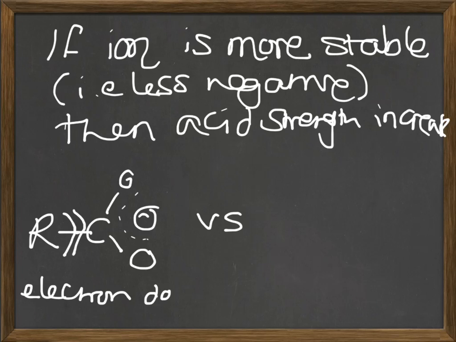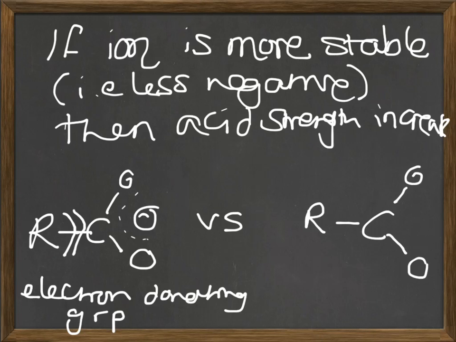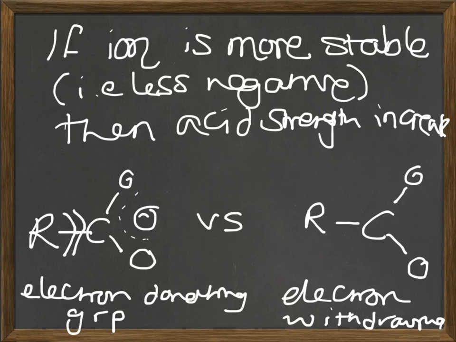So the stability of this ion is determined by what group's attached to the carboxylic acid group. If you've got an electron donating group, you're going to be donating more negative charge into the anion. So that's going to be making it less stable because it's more negative.